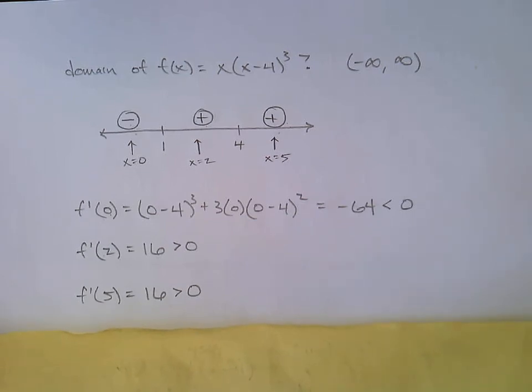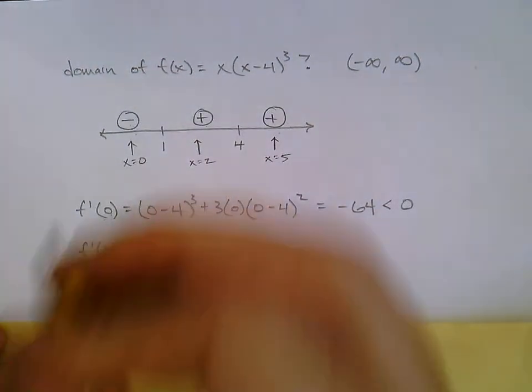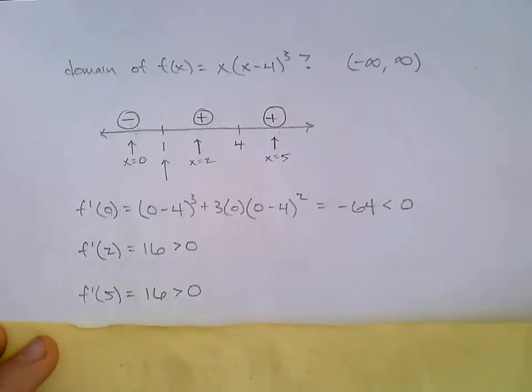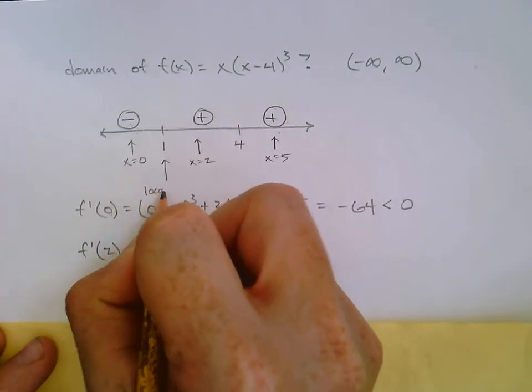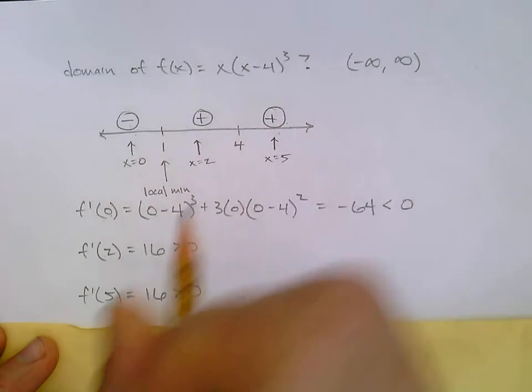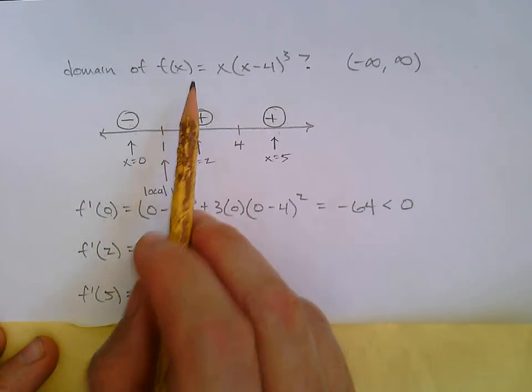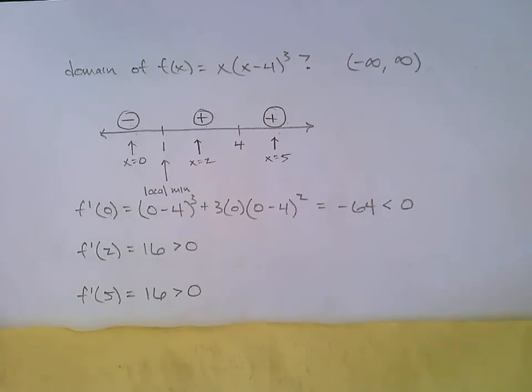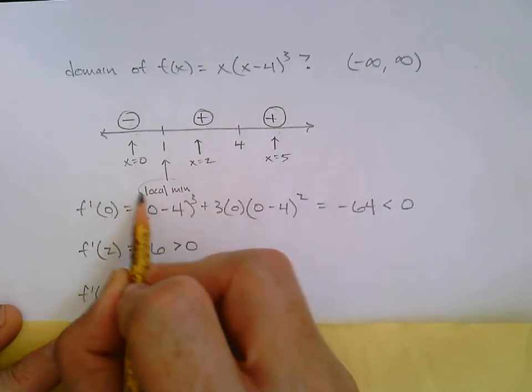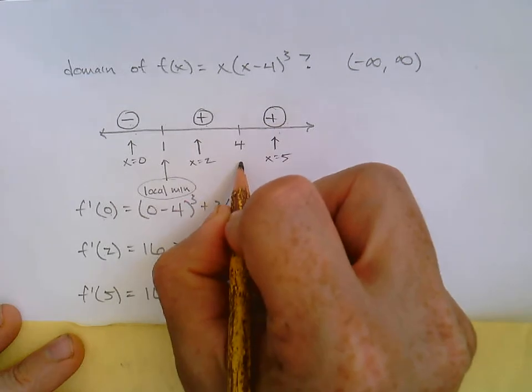Okay, so what this is all about, we're trying to find the local maxes and mins. So what's happening at 1? That's a local min. Because it was decreasing, hit 1, and then started increasing. Okay. So we know that. How about at 4? What's going on there?